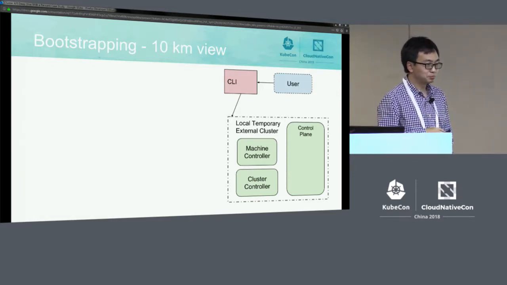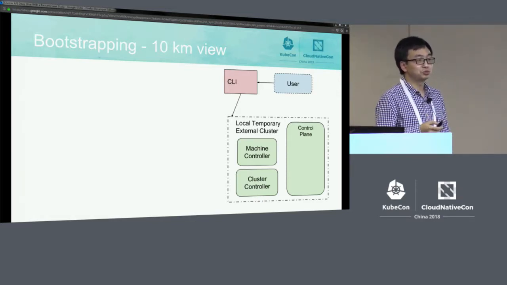So for plan one, for the master nodes, we have some special treatment. We have some side channel. To create the master nodes, you can use the API on the platform. But in this case, you will have the old problem.